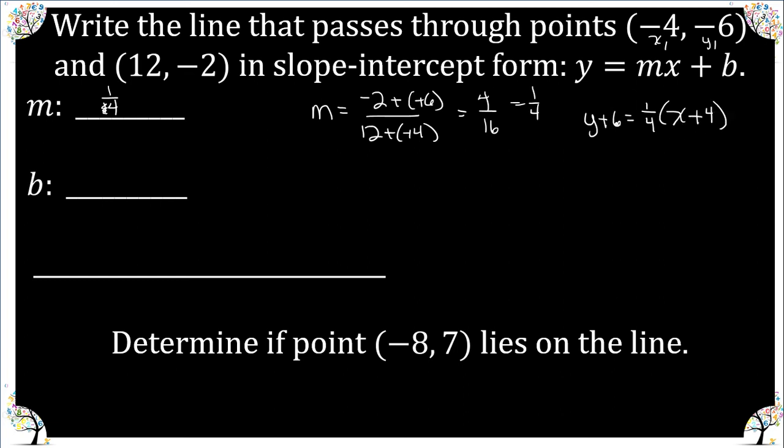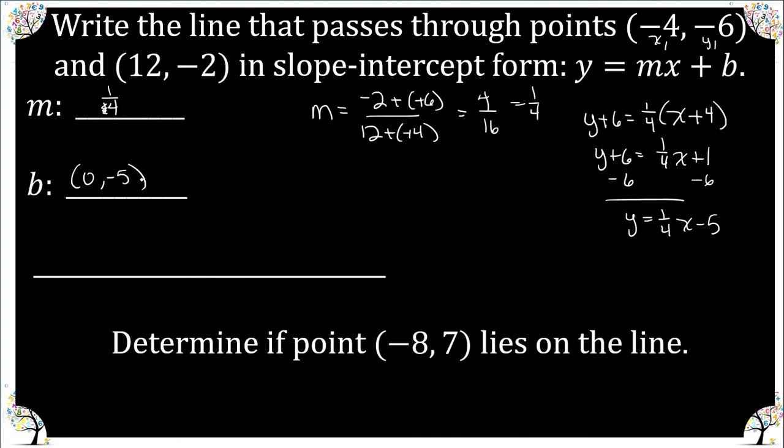And then we would distribute and solve for y. This is an easy way as well. So this works every time. So the y-intercept would be 0, -5.